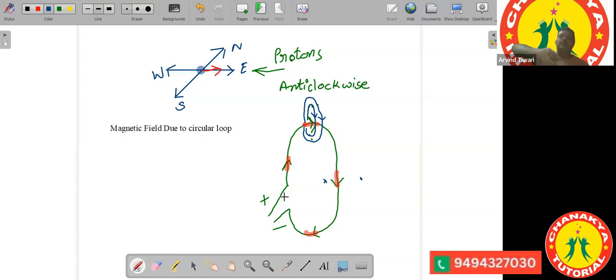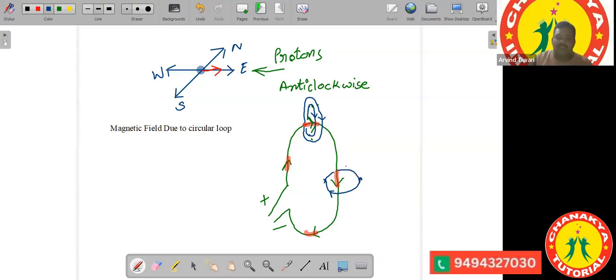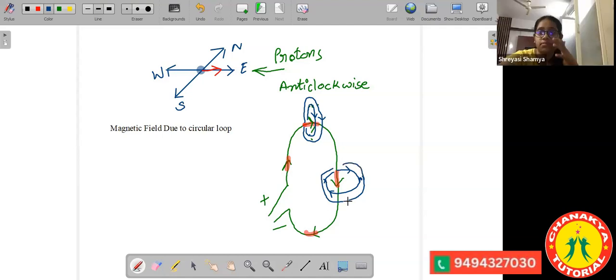So inside the loop, you will find your magnetic field lines moving out like this. Is it? If anyone is getting something else, please tell me that this is wrong. Everyone is getting the same thing?